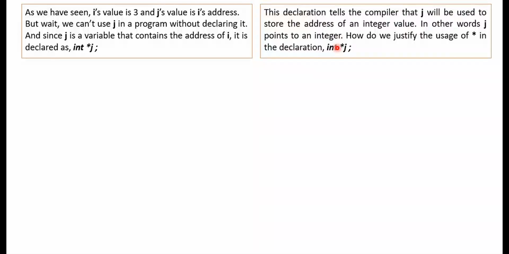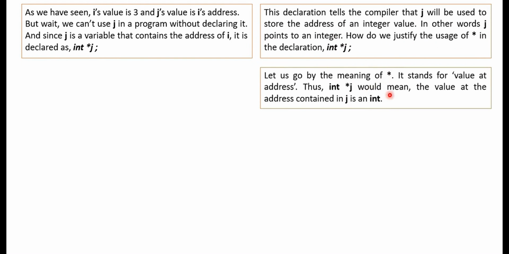So how do we justify the use of * in the declaration int *j? Let's go by the meaning of *. It stands for value at address. Thus int *j would mean the value at the address contained in j is an int. So basically this is the declaration of a pointer variable.